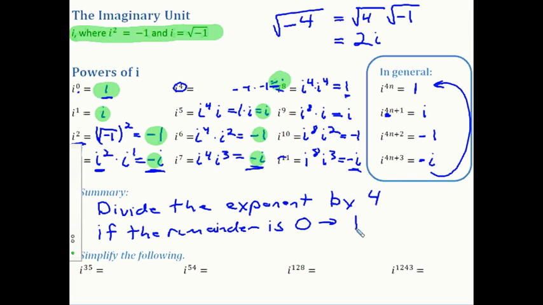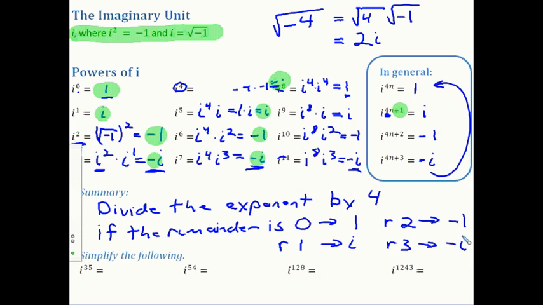If the remainder is 1, so that's like up here, and remember we're dividing the exponent by 4, if the remainder is 1, we get i. If the remainder is 2, we get negative 1. And if the remainder is 3, maybe I should put an R here, remainder 1, remainder 2, remainder 3, we'll get negative i.